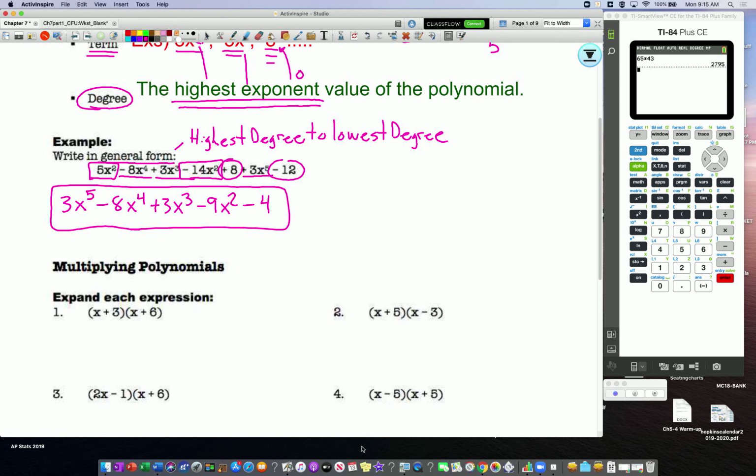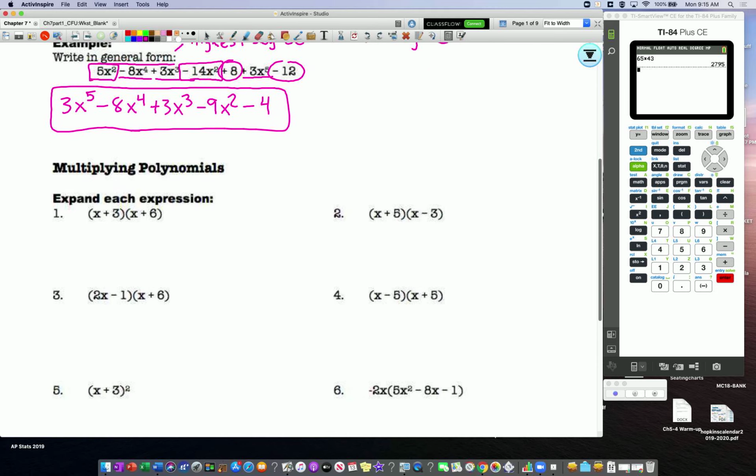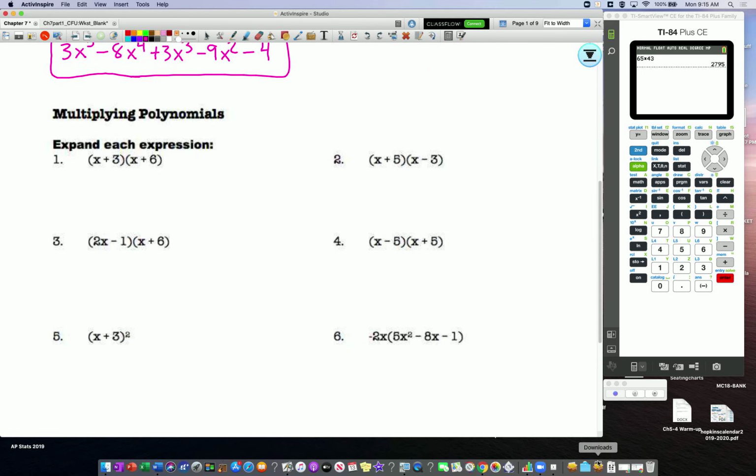All right, so the main thing that you want to be able to do today is multiplying polynomials. There are a couple different ways you can do that. The key in today's lesson is when you have 2 terms times 2 terms. Anytime you have 2 terms by 2 terms, there are actually 2 different methods you could use.